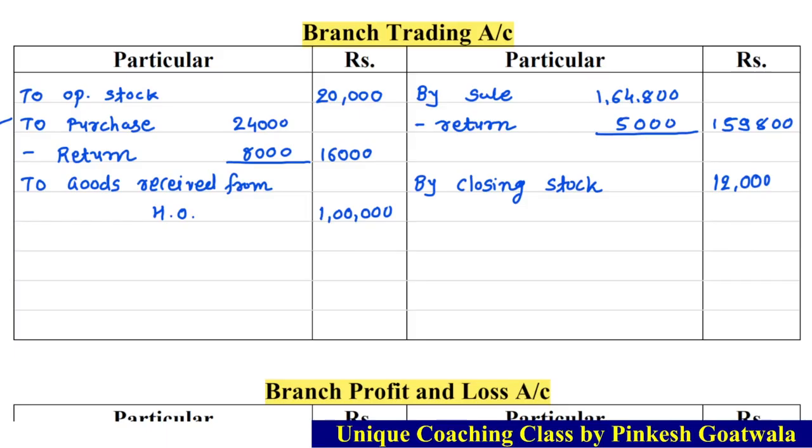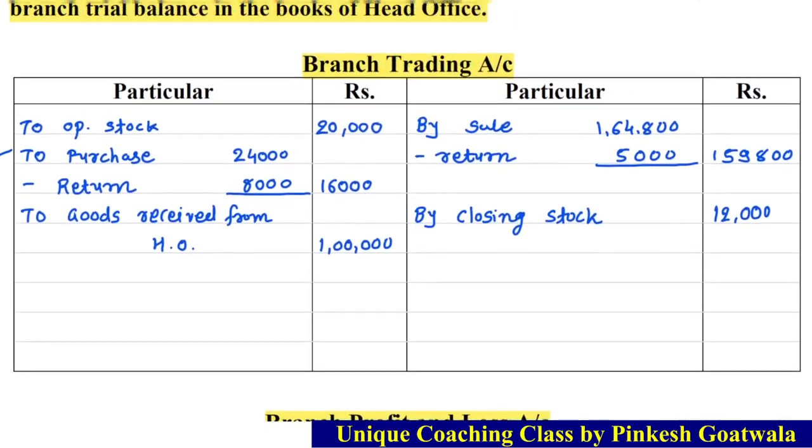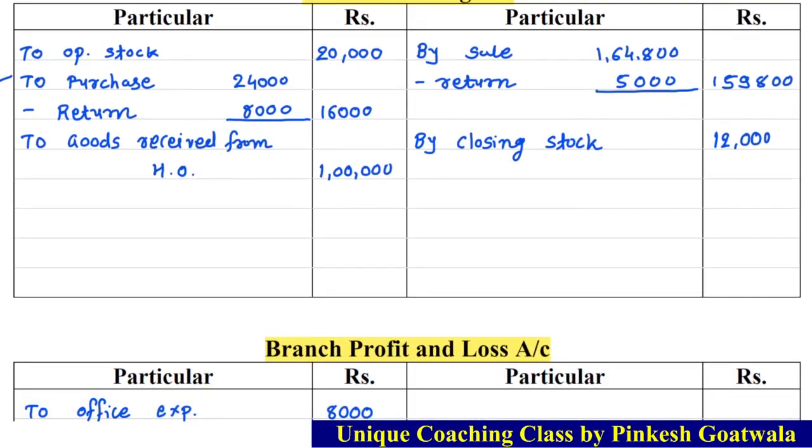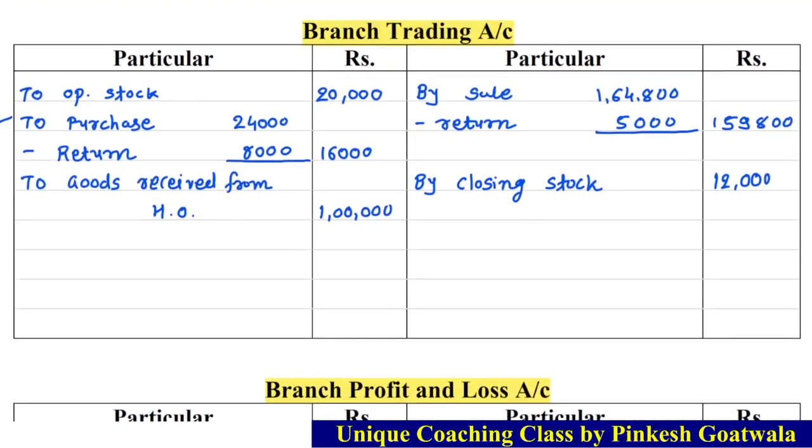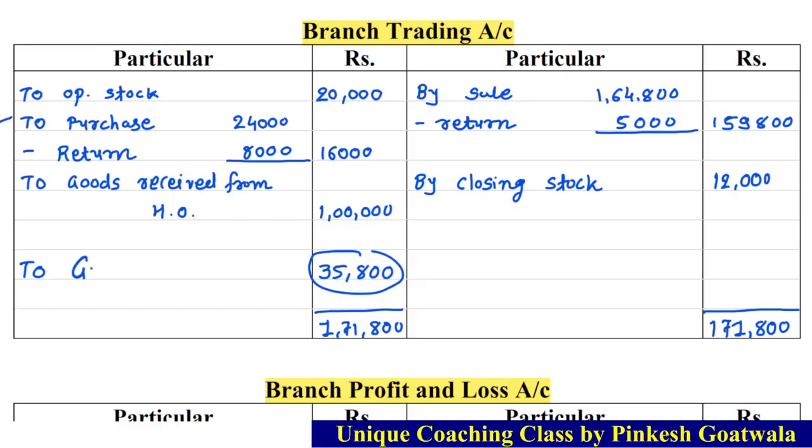It will be 1,71,800. So the credit side total is higher. 1,71,800 minus the debit side total of 1 lakh 36,000. So the difference is 35,800, and it is gross profit.